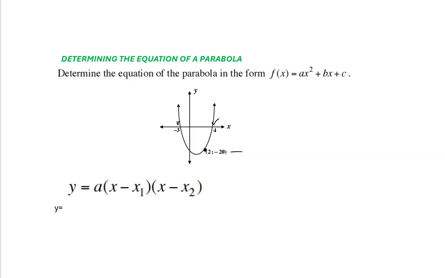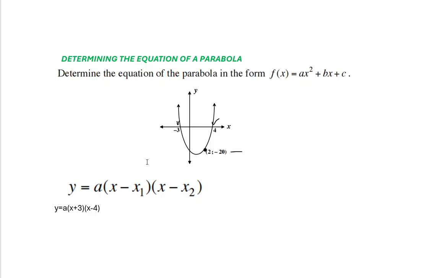So y is equal to a, which is unknown, then x, we don't know x, but our x1 is our x-intercept. It is -3, but the formula has a minus here, so it becomes x plus 3. Then open bracket again, x minus x2, where our other x-intercept is +4, so it becomes x minus 4.